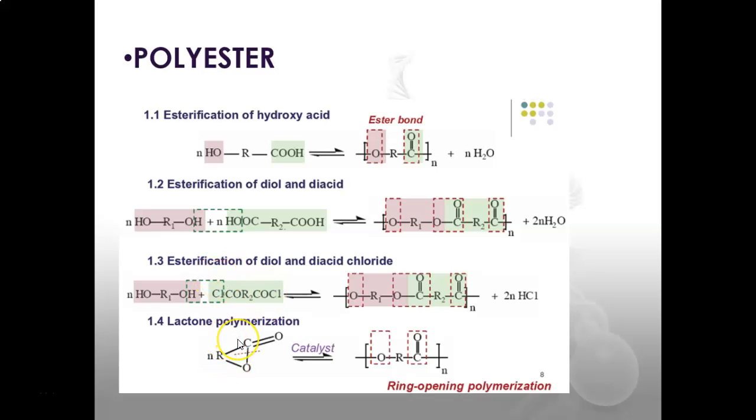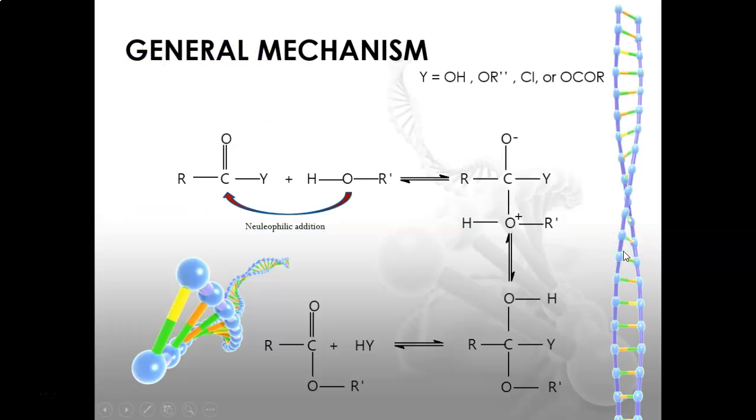Then lactone polymerization: there is a ring, the epoxide ring here, with a CO group attached, and by using a catalyst we produce the polyester through ring opening polymerization. This is the general mechanism in production of polyester. So polyester is made by a reaction involving an acid with a hydroxyl group.